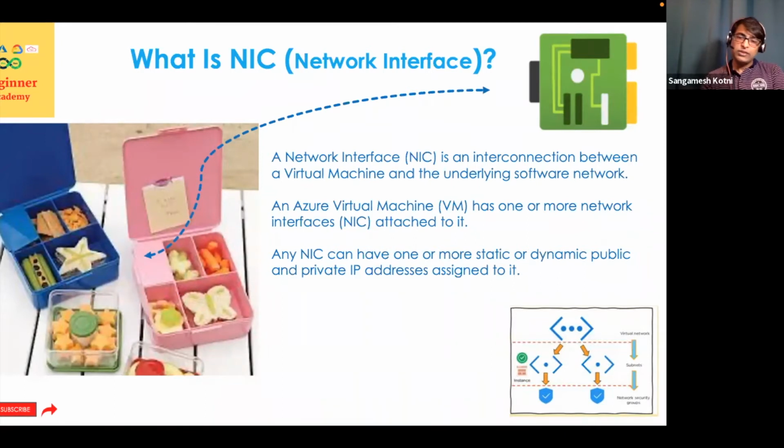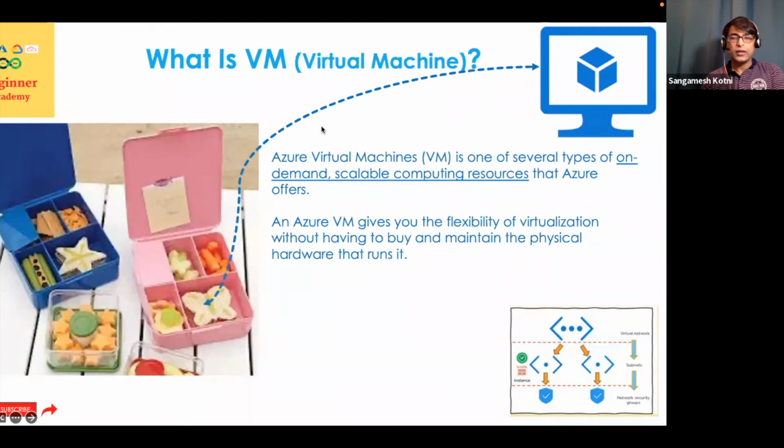One virtual machine can have a number of NICs, and accordingly, it can have its own different public IP and private IP. A NIC can have one or more static or dynamic public or private IP addresses assigned to it. So in order to go inside, you require an IP address. That is the reason we would use a NIC.